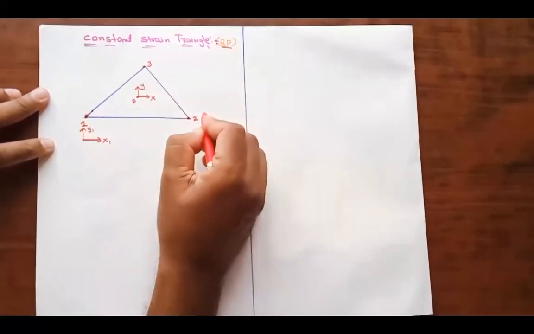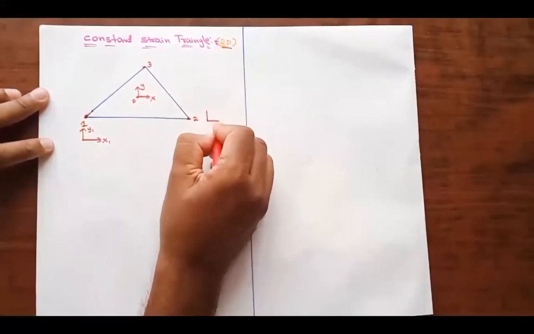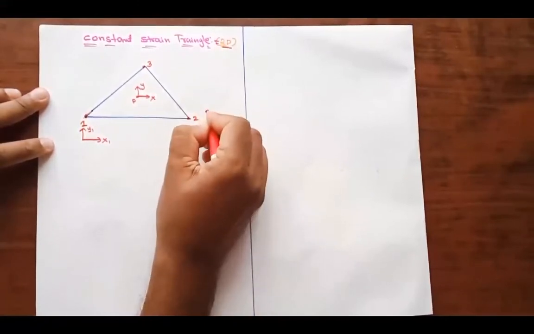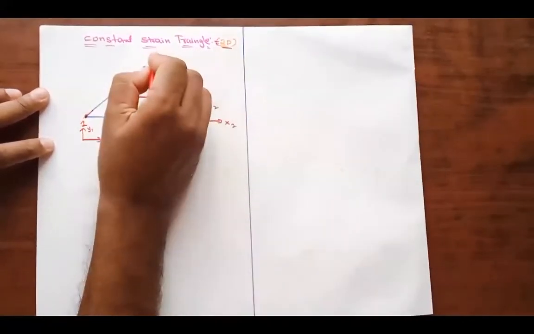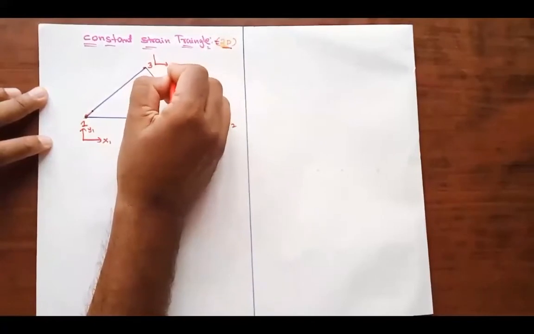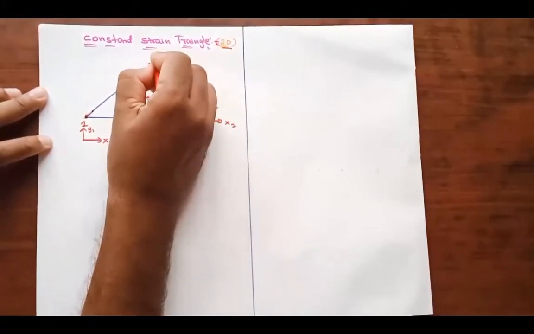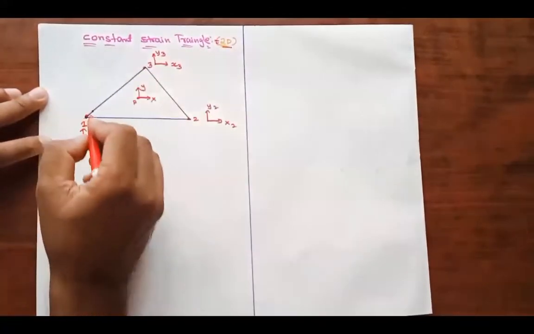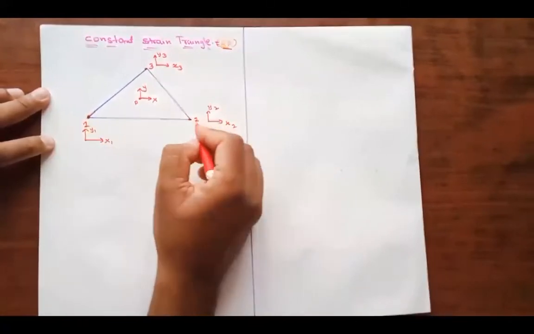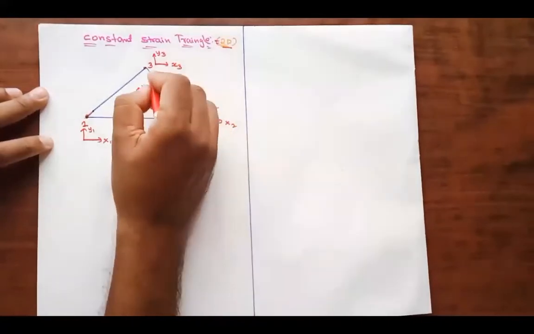At nodal number 2 it has the coordinate values x2 comma y2. At nodal number 3 it has x3 and y3.